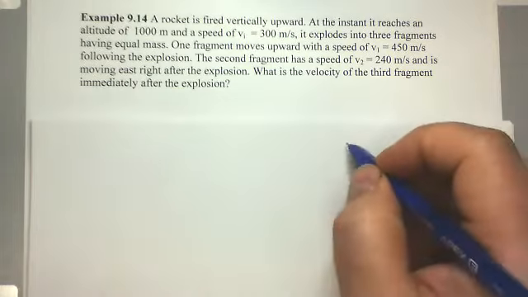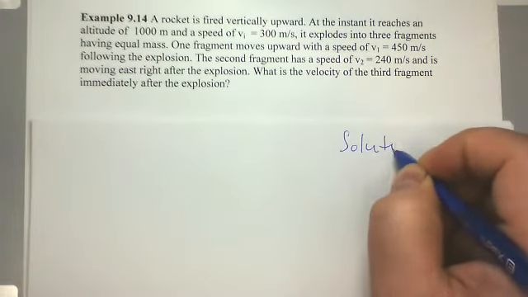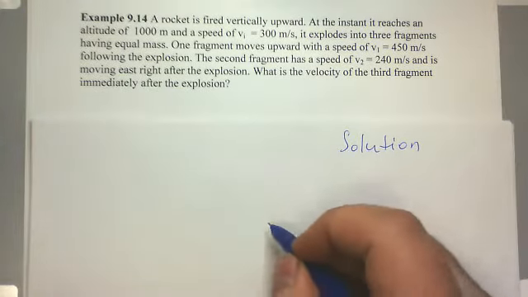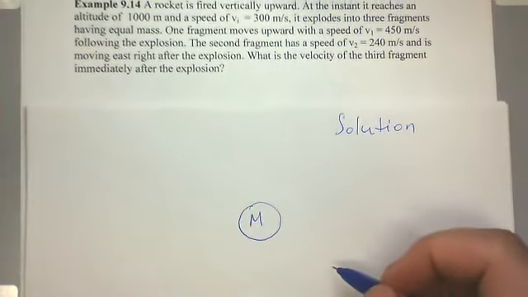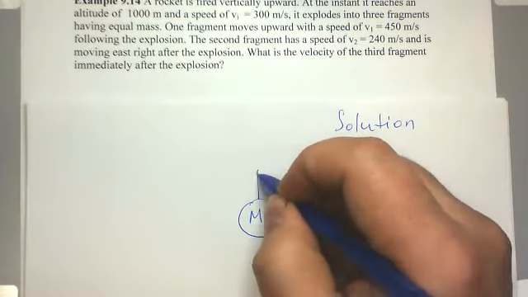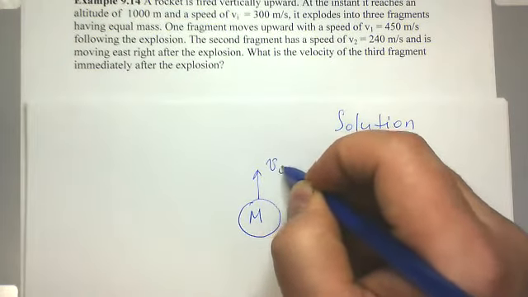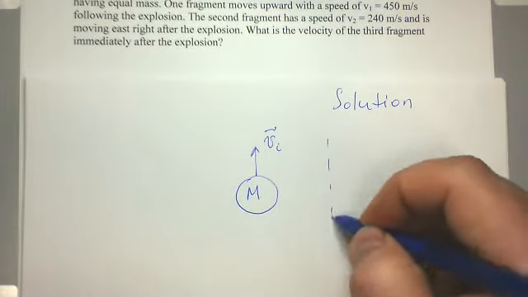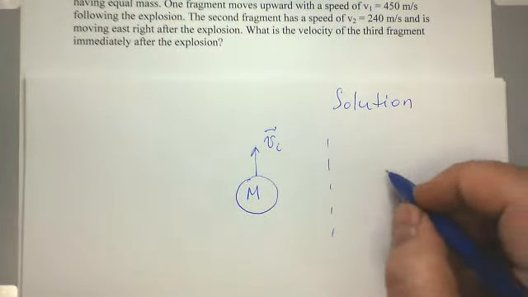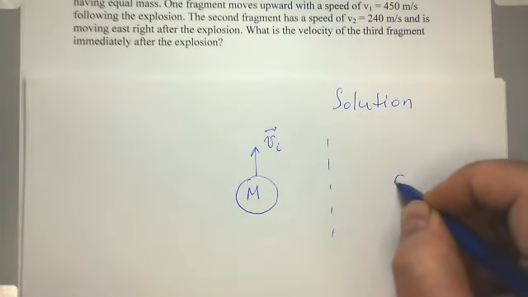Okay, so let's draw at the beginning what is given to understand what is happening. So we have a rocket, let's say with a mass m capital. This guy is moving upward with some initial velocity, and then there is some explosion, and we now have 3 fragments, 3 pieces of the rocket.